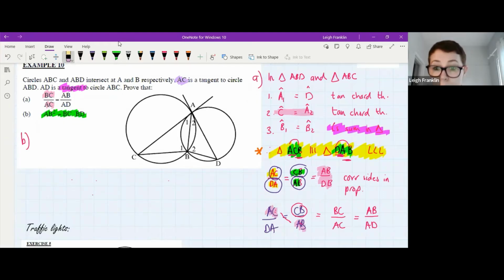It could be, but we don't have any right-angled triangles. AB times AD? Who said that? Yes, ma'am, good. I love it. AB squared means AB times AB.